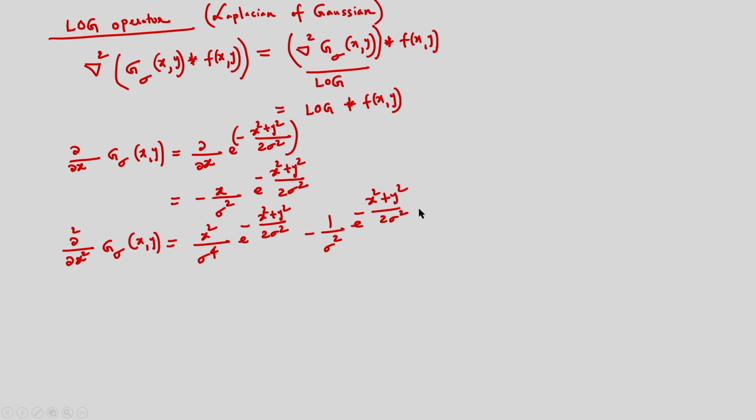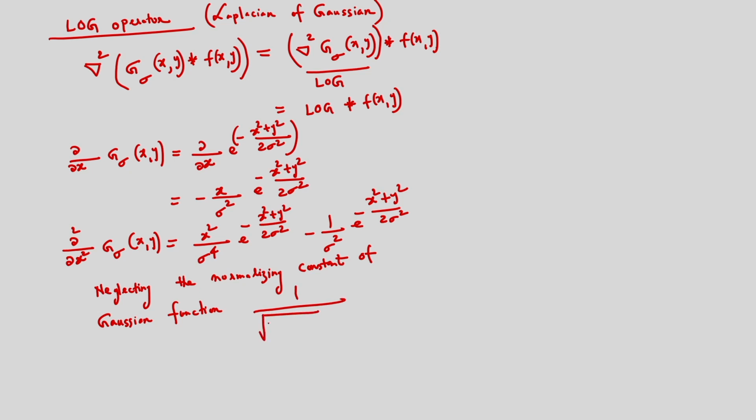I am taking the second order derivative, and I can neglect the normalizing constant of the Gaussian function, that is 1 by root over 2 pi sigma square.